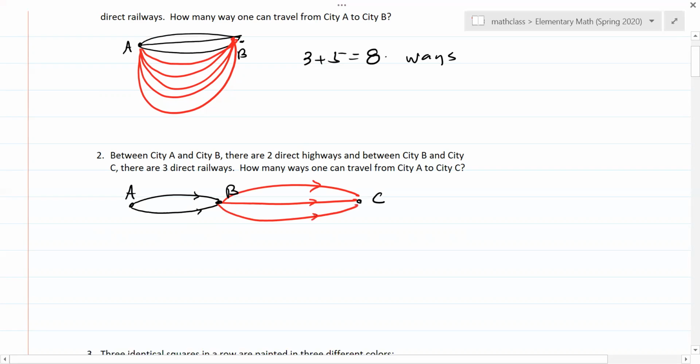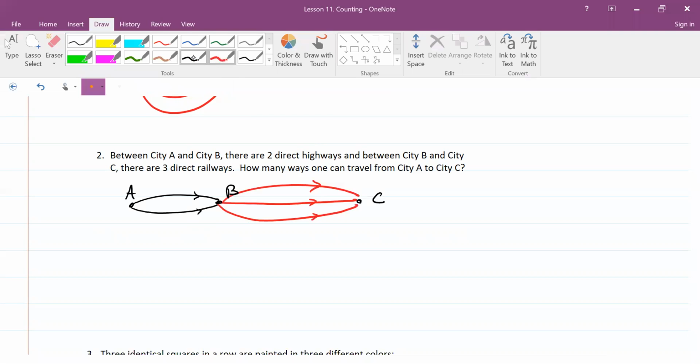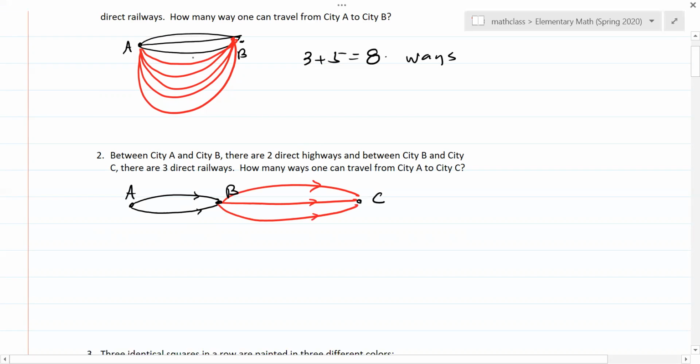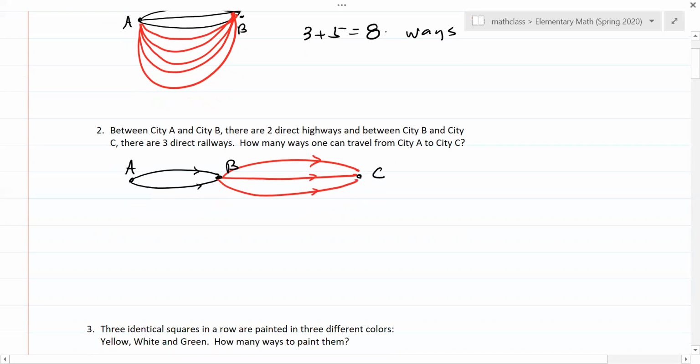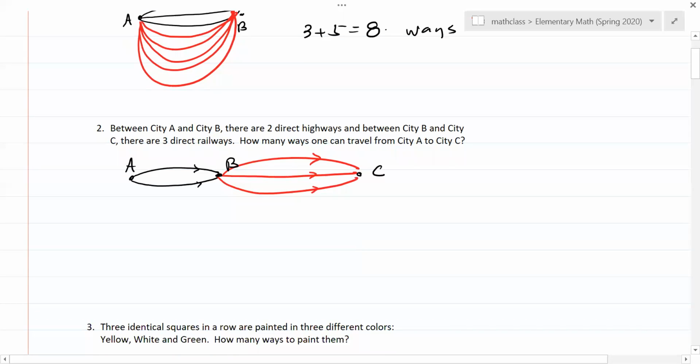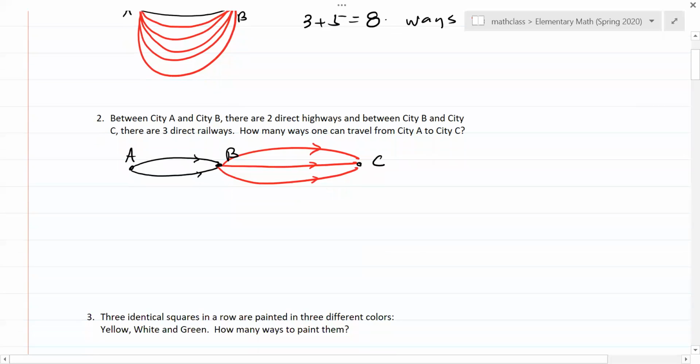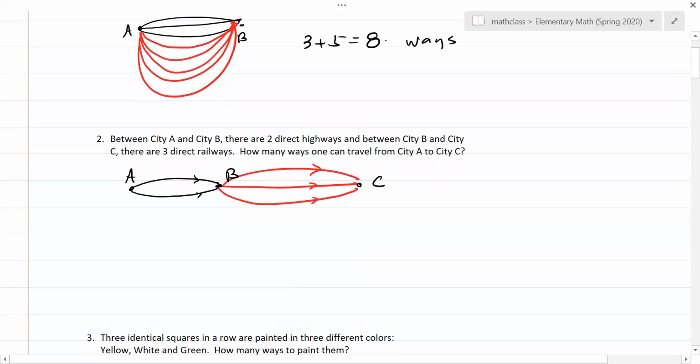Now the question is, how many different ways can you travel from A to C?